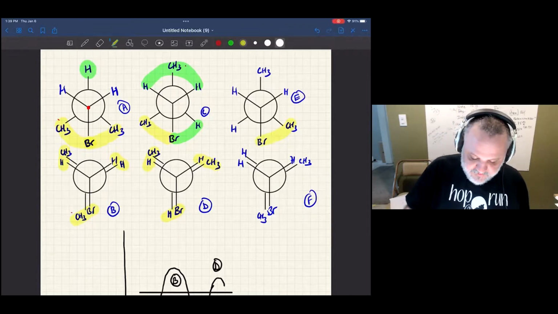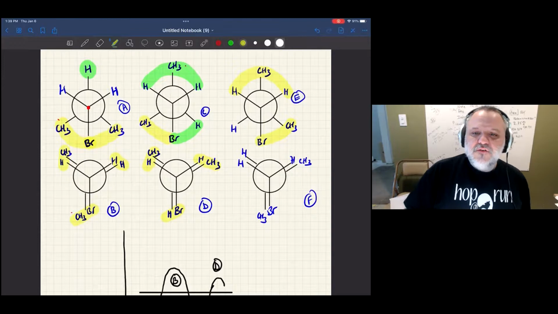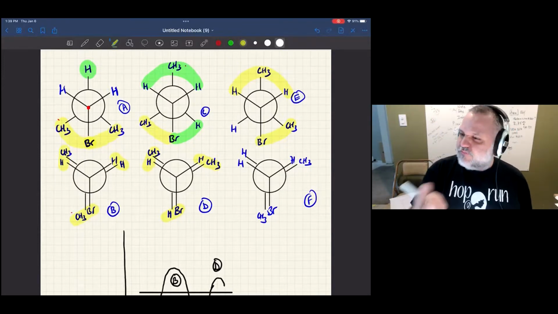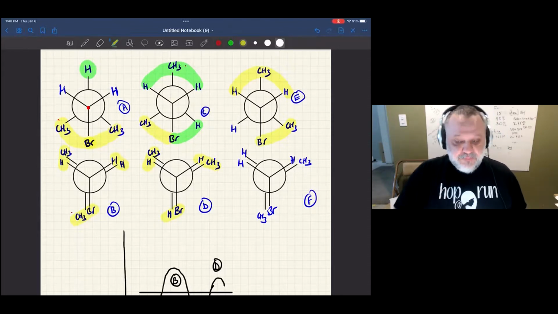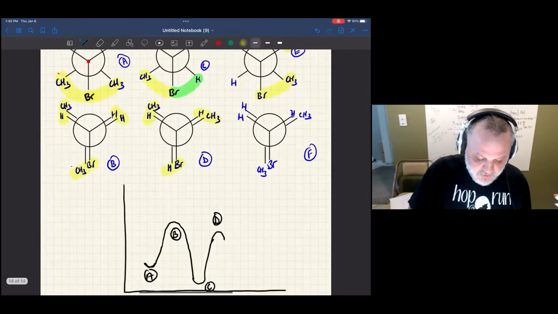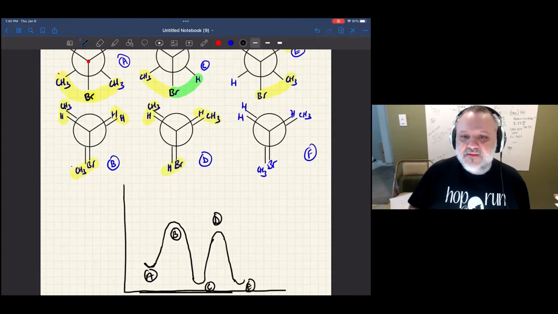And then similarly to the one before, I have the CH3 interacting in between two hydrogens. The only difference between C and E is that they swapped sides of our Newman projection, and for Newman projections, that's the same. And so the energy level for E is the same as C.